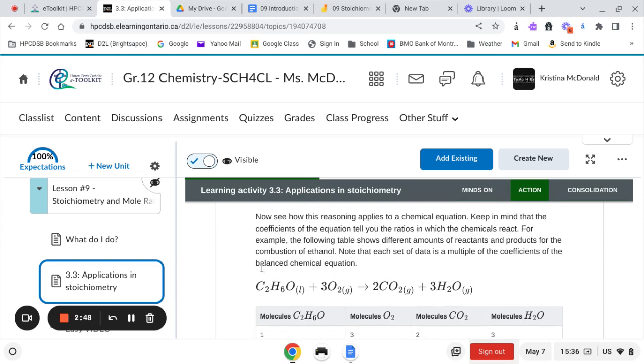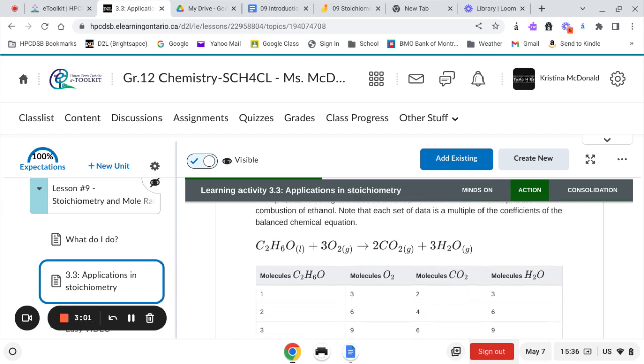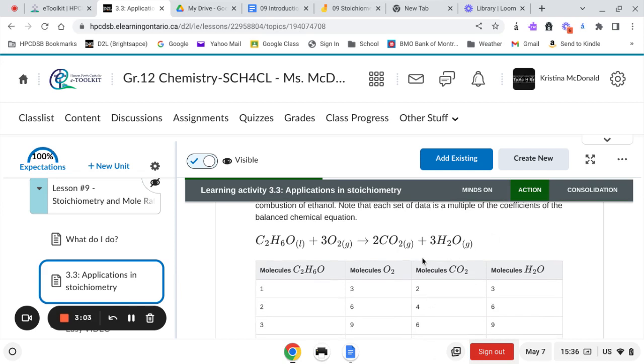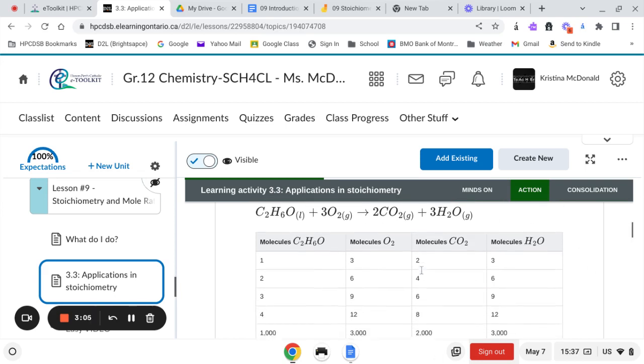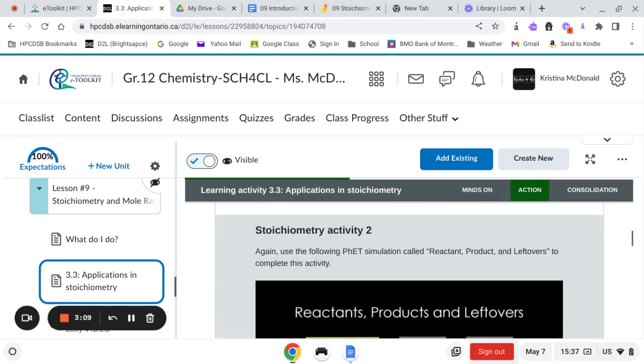For all of these simulations, you need to have a balanced chemical reaction and you need to know what the coefficients are in front of all of your substances. That's what the resource note is taking you through, getting you to see the relationships.